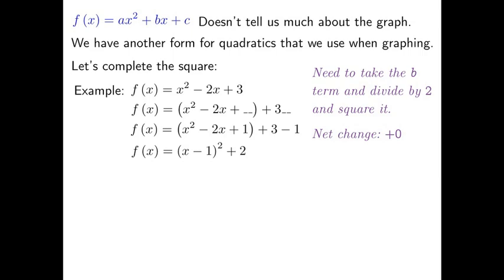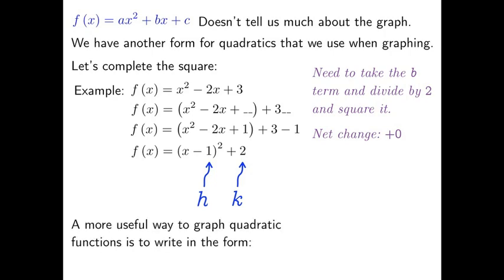We have now completed the square, and we will define our term inside the parentheses as h, and our term outside the parentheses as k. This is our standard graphing form for quadratics. We'll have f of x equals a parentheses x minus h quantity squared plus k.